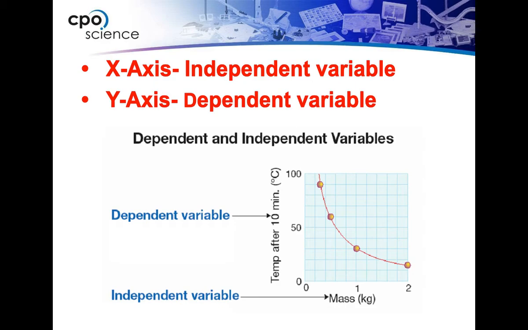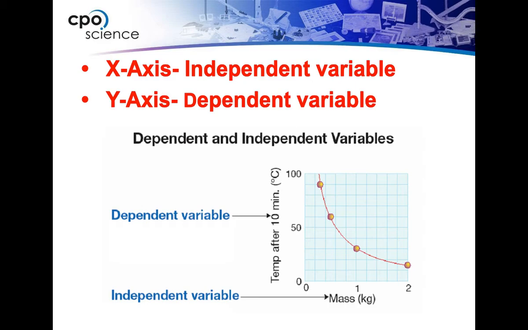On the other side, it is the dependent variable, or the y-axis. Remember, the dependent variable is the one that changes based on the other one. If you switch these around, your graph will actually look really weird and it won't make any sense. So anytime we are making graphs, it's really important to put the independent variable on the bottom and the one that changes because of the independent variable on the other side.